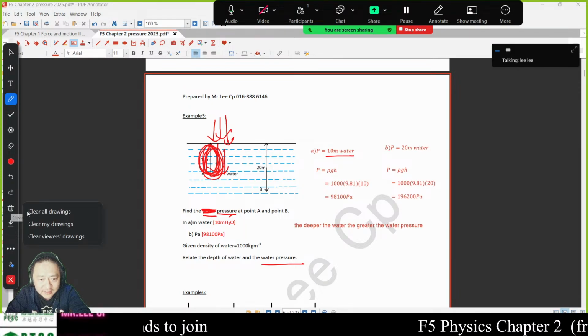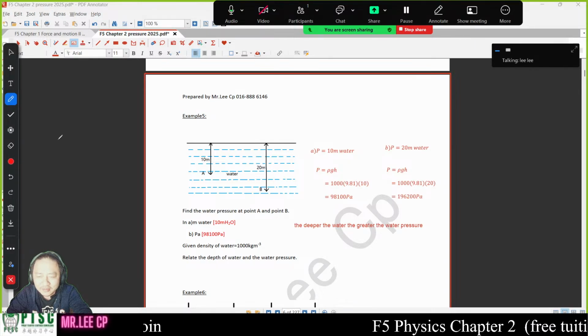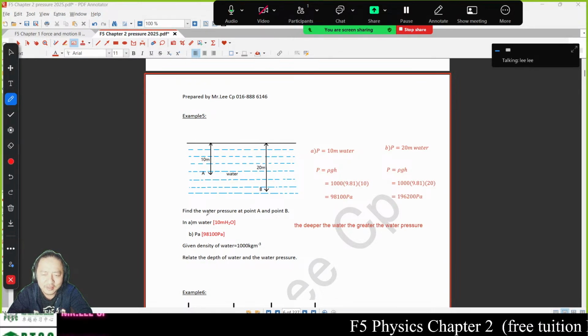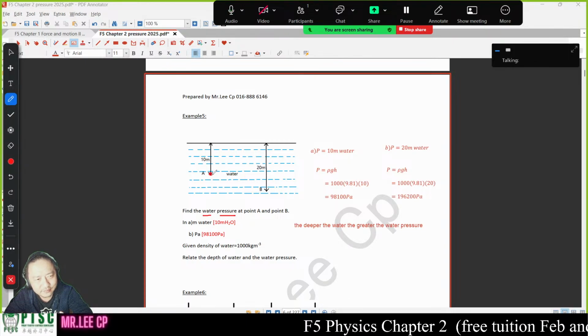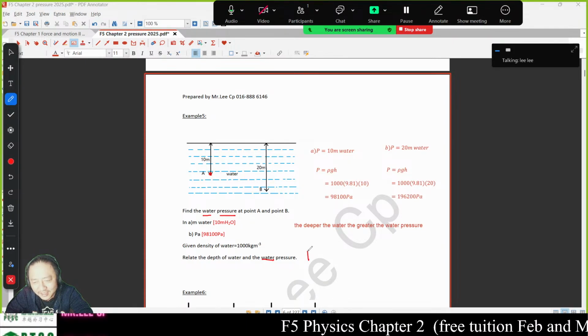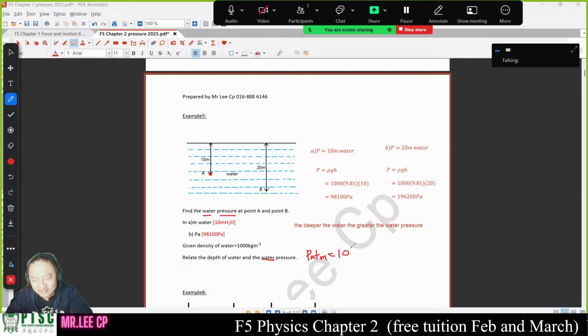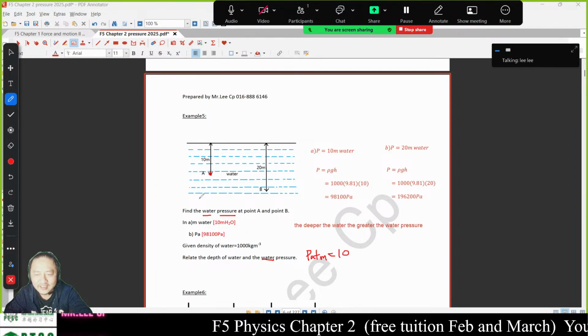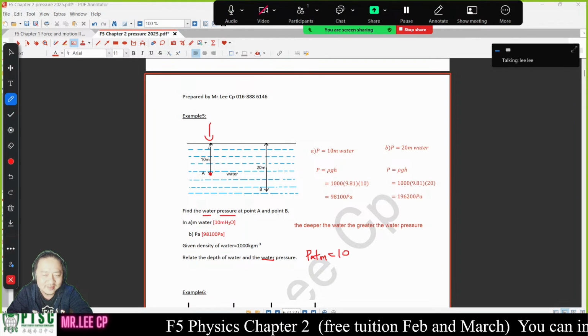But in the exam next week, sometimes they will give it this way: find water pressure at point A, and then they give you P ATM. Then how? They said find water pressure, so you need to add in.